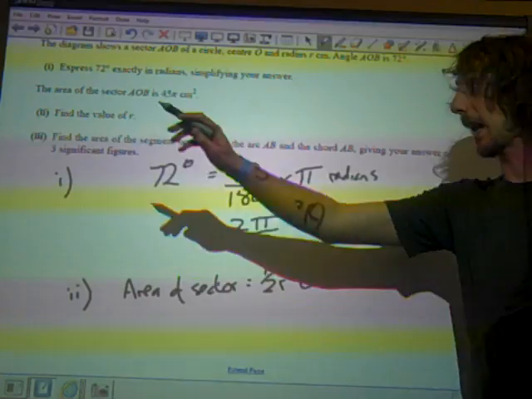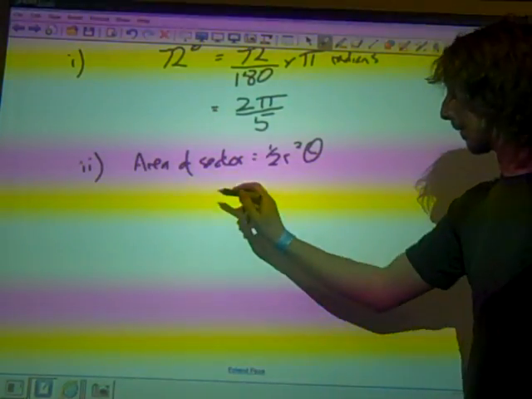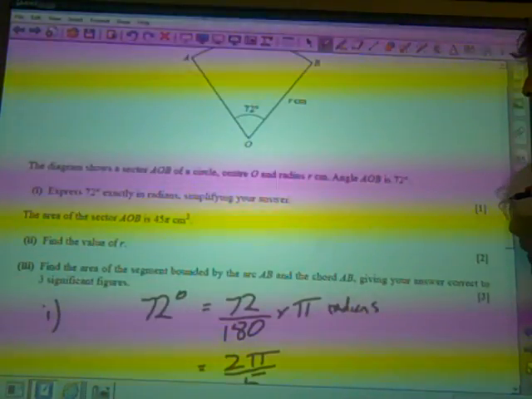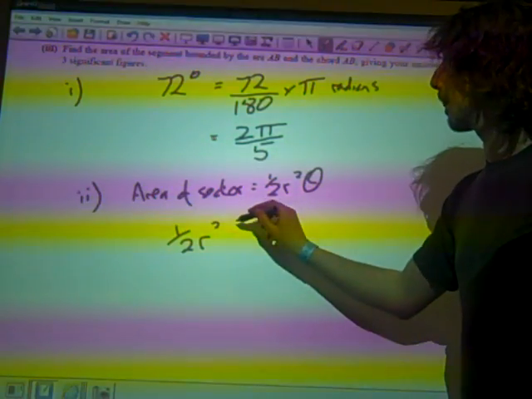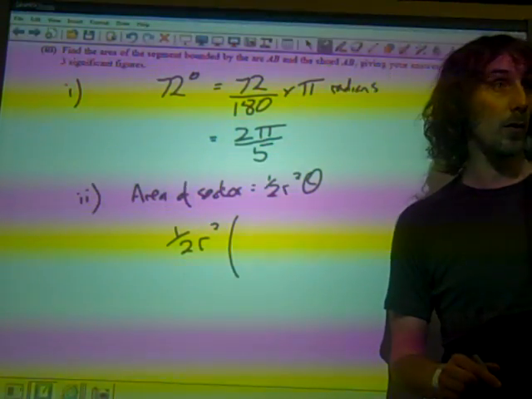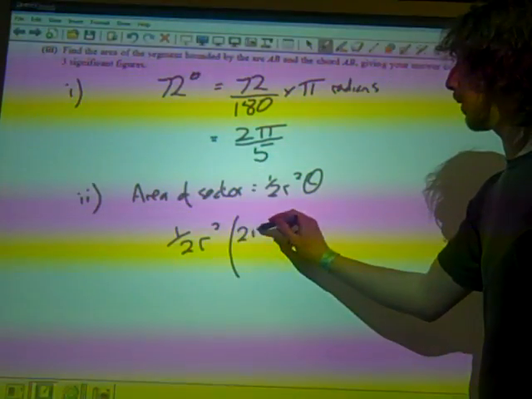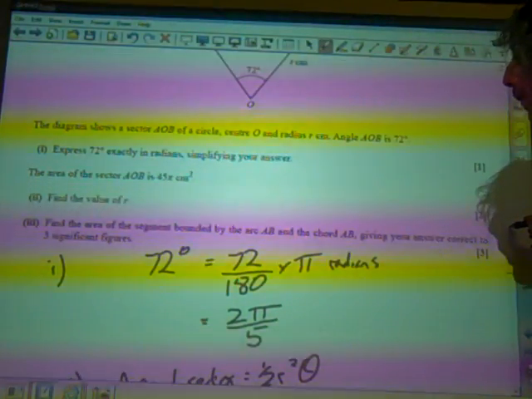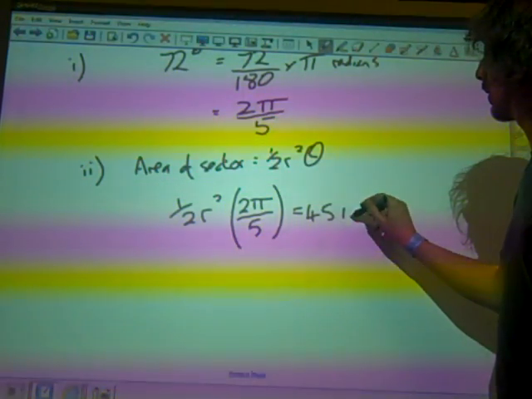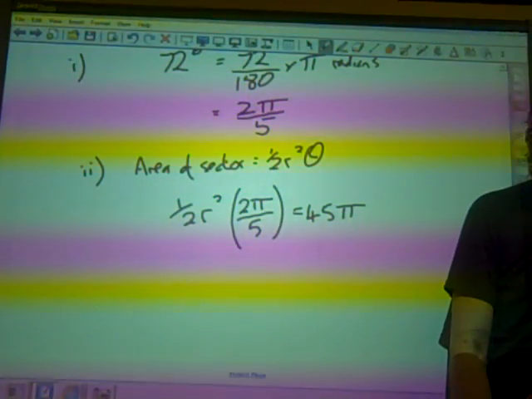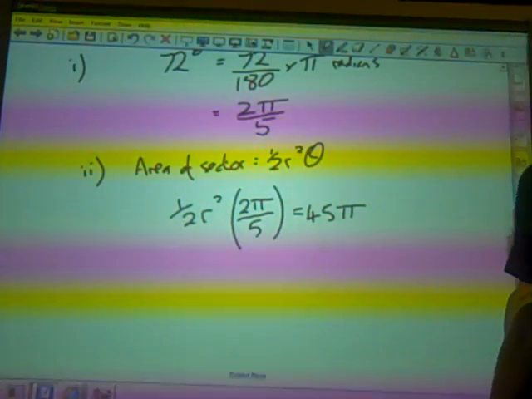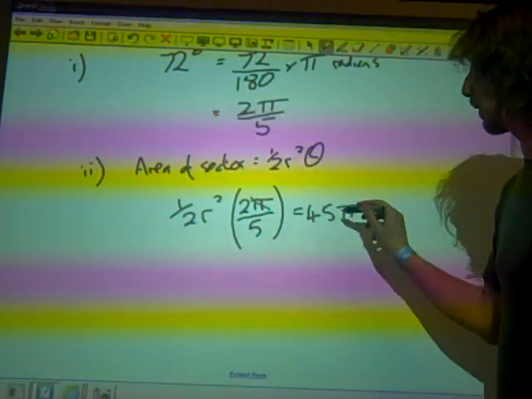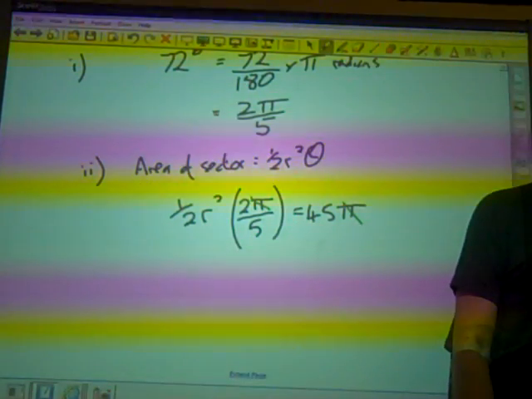So if we put that information together, we've got a half times the radius squared, times the angle, which is 2 pi over 5, equal to 45 times pi centimetres squared. Notice that by doing this with this exact value including pi, we can divide through by pi. There's a common factor of both sides, so let's get rid of that straight away.